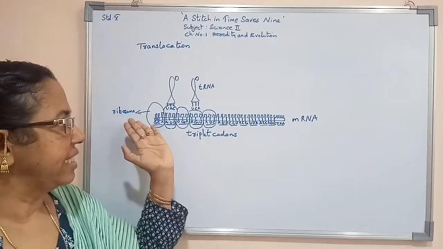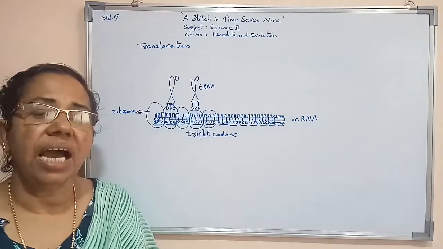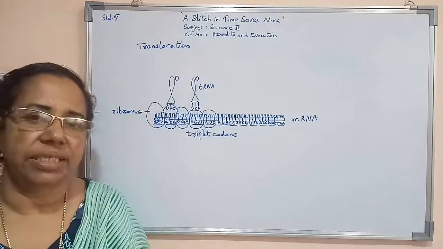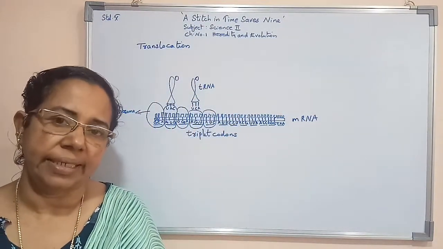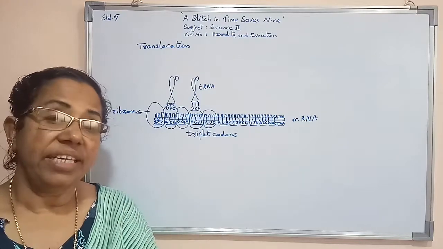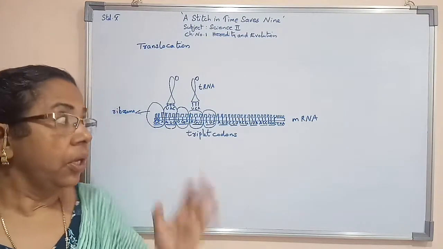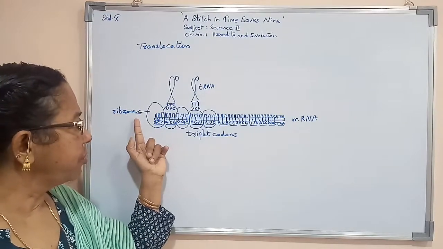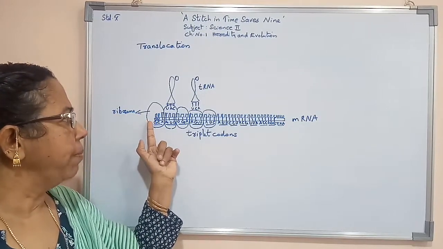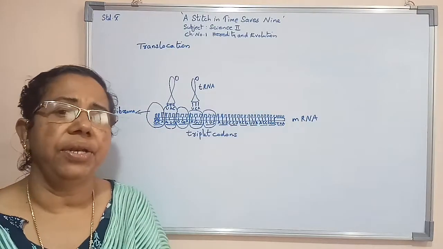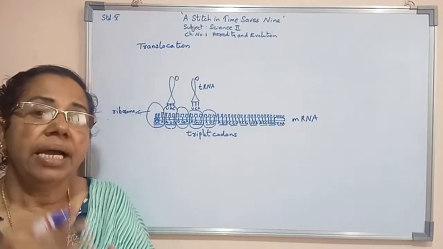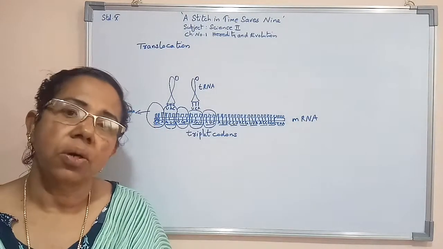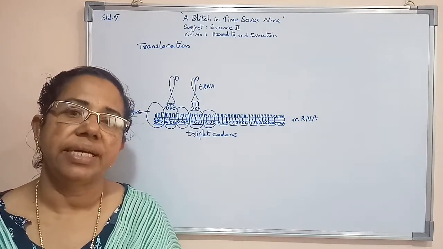As per the message on the messenger RNA, tRNA supplies amino acids. This is known as translation. What is meant by translocation? During protein synthesis, the ribosome moves from one end of mRNA to the other end of mRNA at the distance of one triplet codon. This is known as translocation.